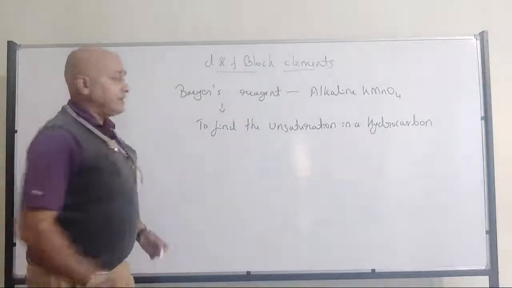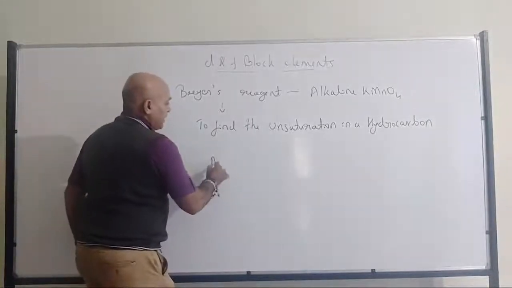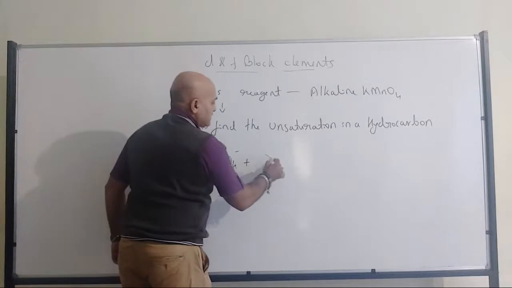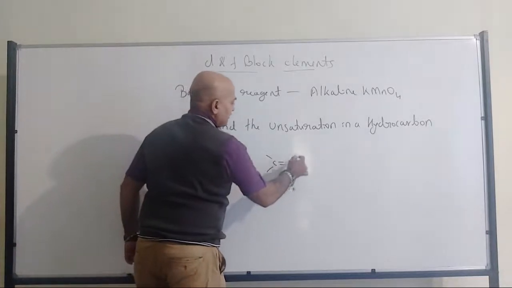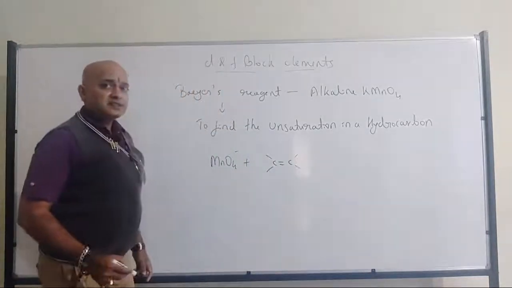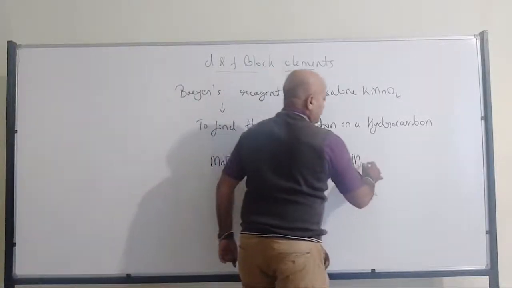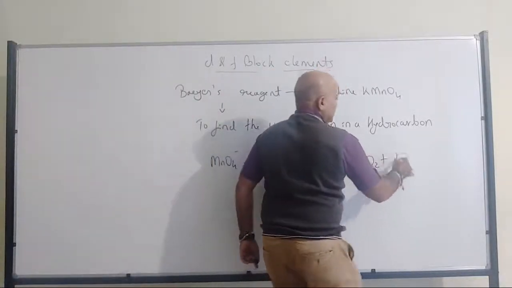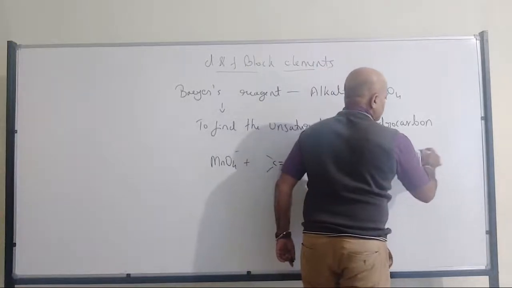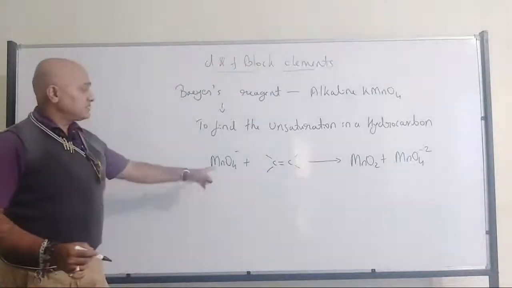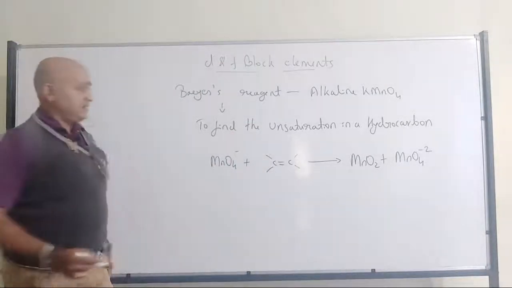Now what will happen? Whatever permanganate is there, MnO4 minus, in the presence of unsaturation, it will get converted into MnO2, then MnO4 2 minus, that is manganate. This is permanganate, that is manganate.